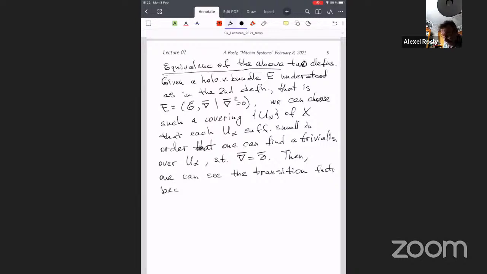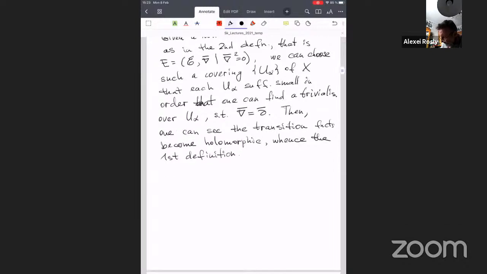The transition functions change, and with this particular choice, they become holomorphic. And therefore, we come to the first definition of a holomorphic bundle. So the exercise is to think about this.